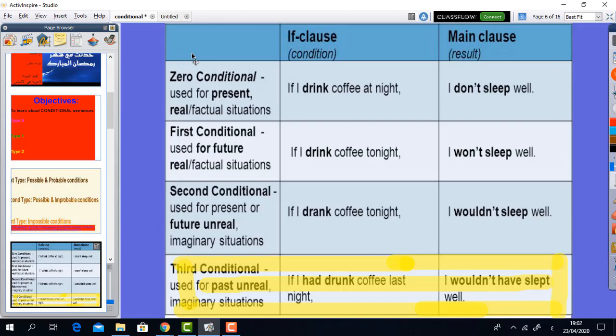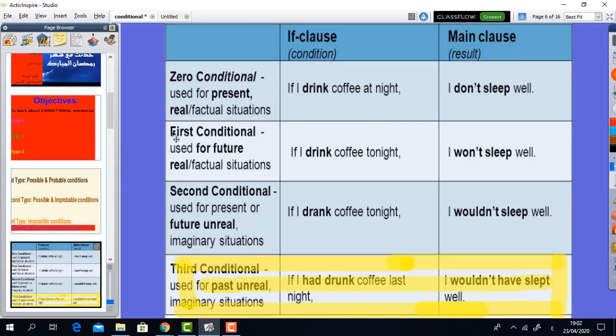We are talking about scientific truths, about facts, about things that don't change. In the if clause, we have a present tense verb, and in the main clause also we have a present tense verb. If I drink a coffee at night, I don't sleep well. This is evident, this is always true.